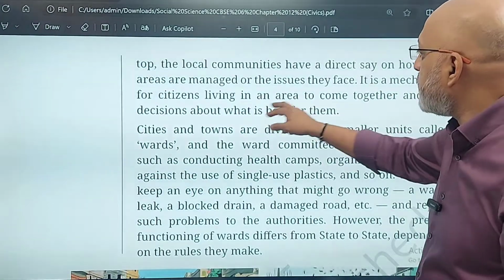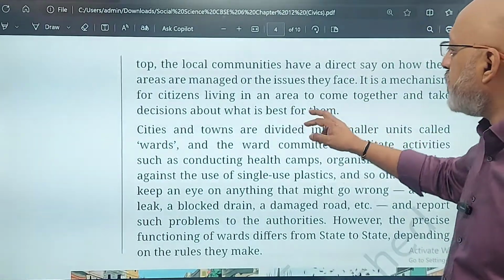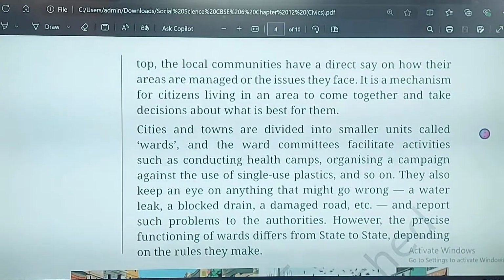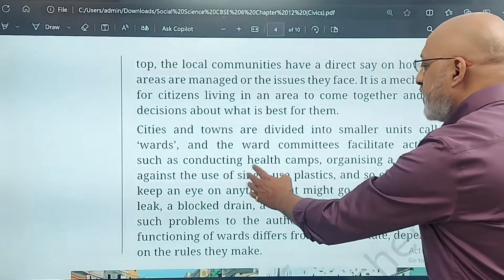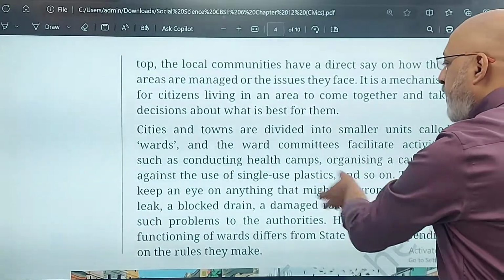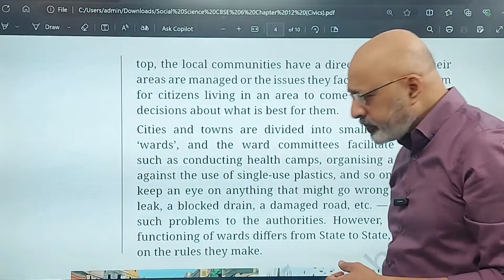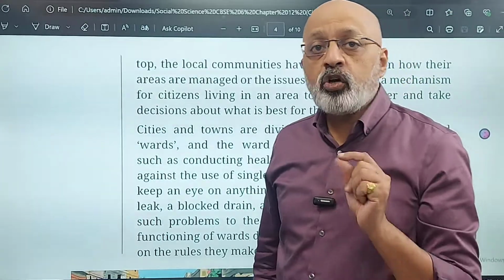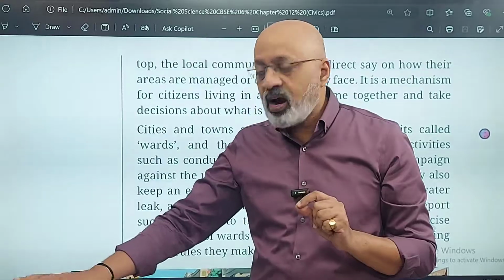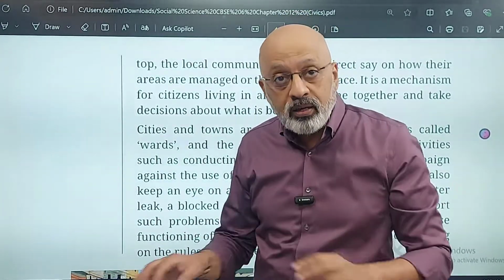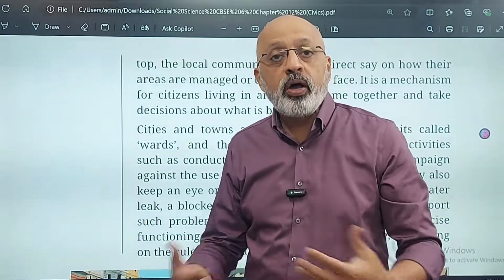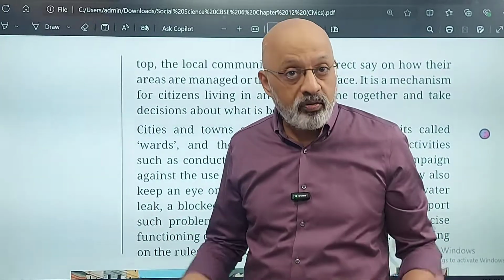So it's a mechanism for citizens living in an area to come together and take decisions about what is best for them. So that's how the local problems get solved. Now, cities and towns are divided into smaller units called wards, and the ward committees facilitate activities such as conducting health camps, campaign against use of single-use plastic, because plastic if very thin is not considered good for the environment, because when you discard it, it is non-biodegradable, meaning it does not end, it becomes part of the soil and that is harmful for the environment.